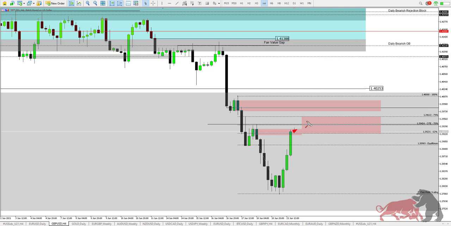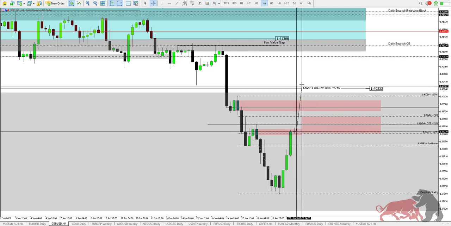Expect price to trade just above 1.39800, and then from there expect price to drop to the downside, right? So for an aggressive trader, current price action is ideal to short, but make sure your stop is well above 1.40253. Now what that is going to do is increase your risk.